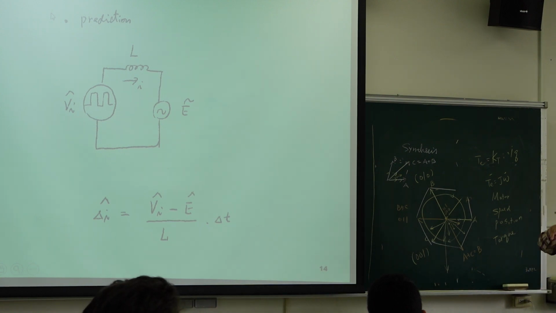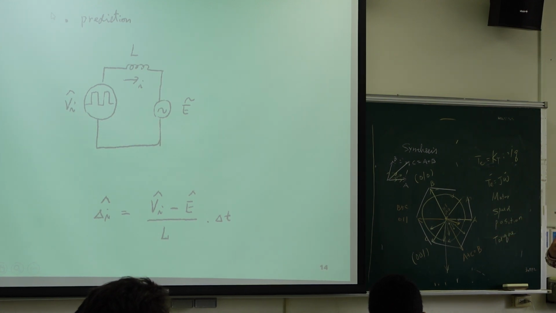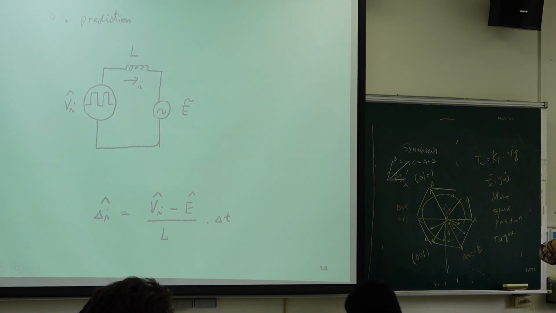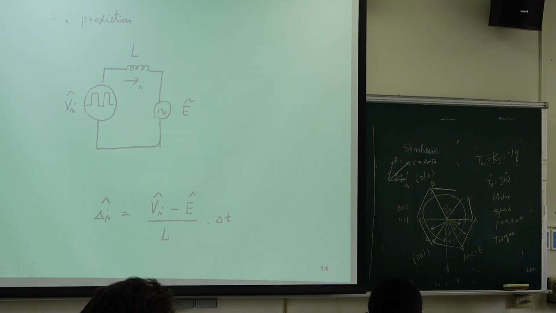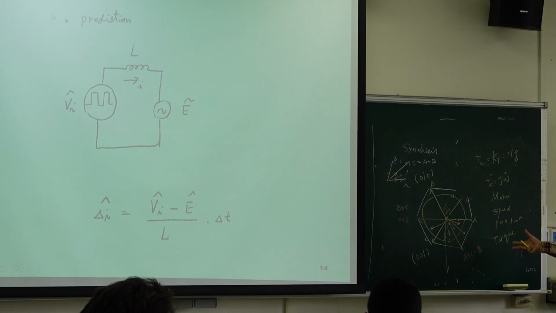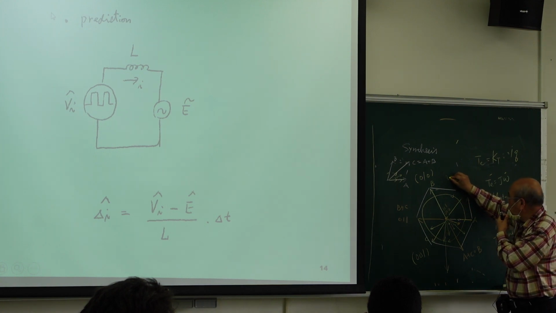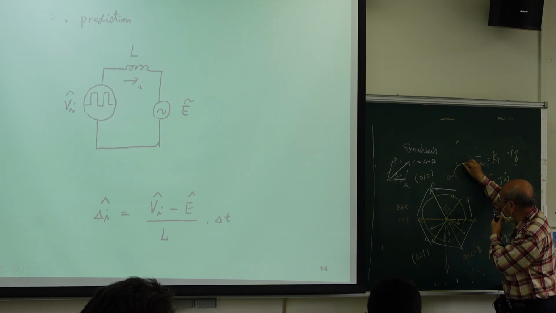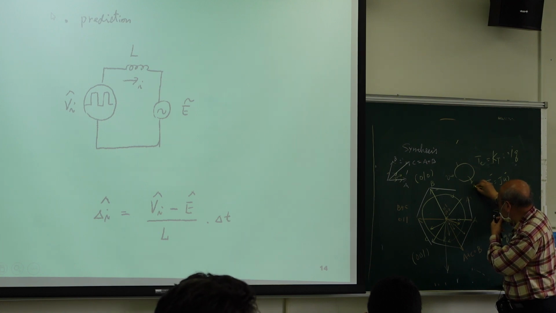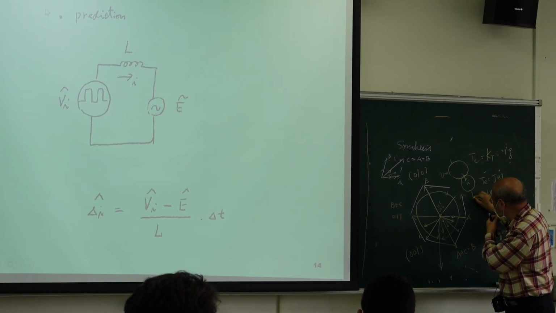If you drive a car, you control the gasoline, right? If you put more gasoline, then speed becomes higher. If you control a motor, what do you need to control? Current. If you control the current, you can get positive torque, or high torque, or small torque. But if you control voltage, then what happens? The voltage goes to the dynamic equation and creates current, and then the current creates torque.